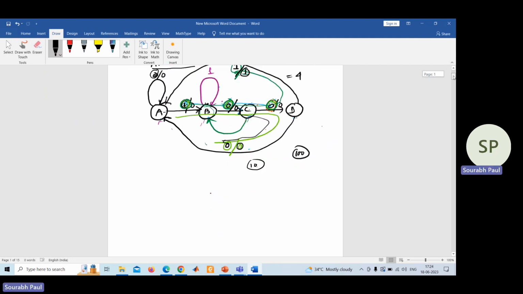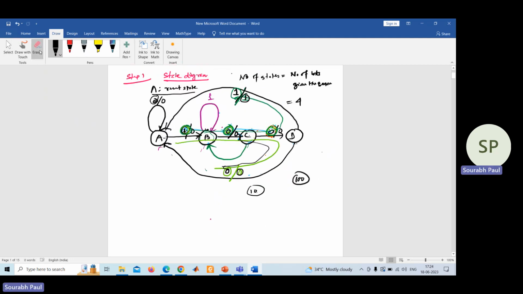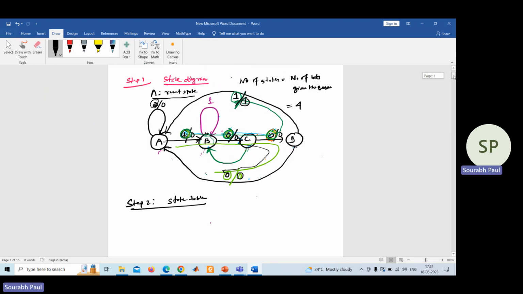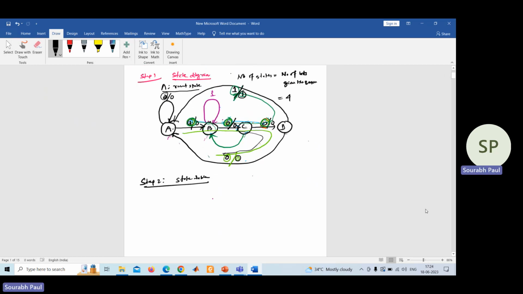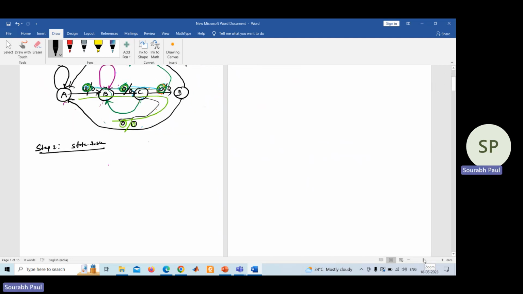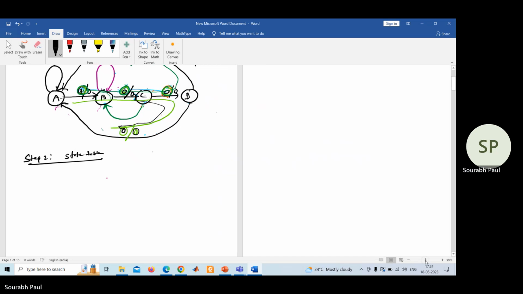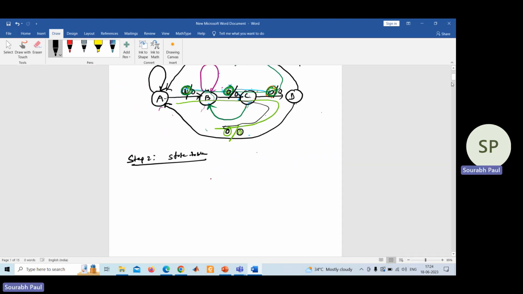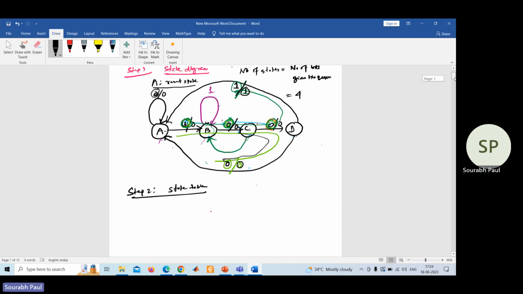Now we need to do the second step for this problem. The second step is we need to make the state table. So how to make the state table? You have to add a few things in the state table.